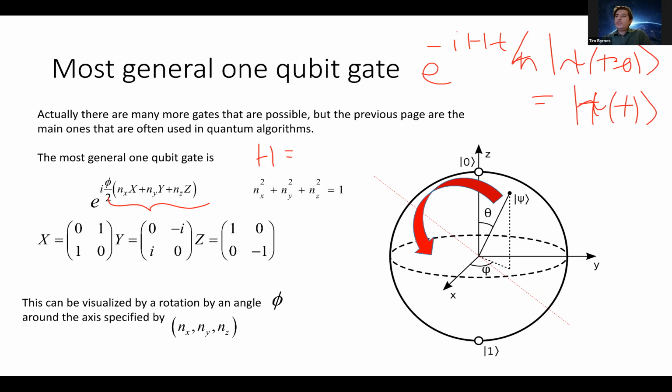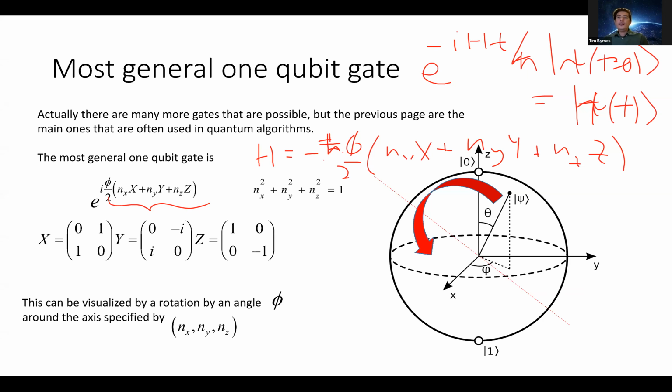So this is obviously of Schrödinger form. If we say that the Hamiltonian is, in this case, something like h bar phi over 2 of nx, ny and nz, then by having a particular Hamiltonian of that form, you can make this type of unitary evolution.